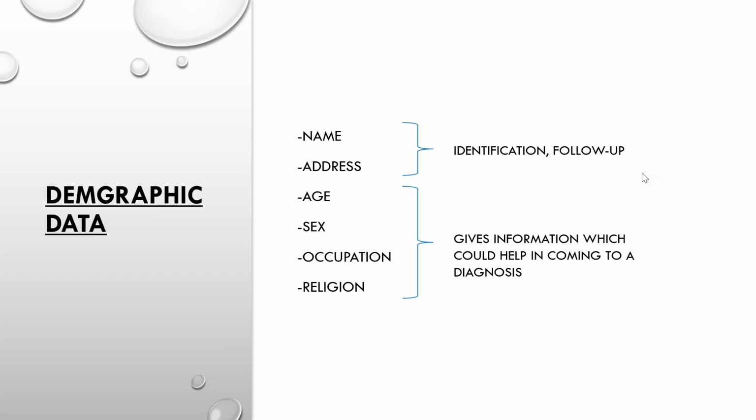Then the next very important data is the gender or the sex of the patient. Why is this very important? Because certain diseases are either gender specific or predominant in either of the genders. I'll only be speaking of examples from ophthalmology, because that's what I'm here to do. In males, central serous chorioretinopathy is more commonly seen.